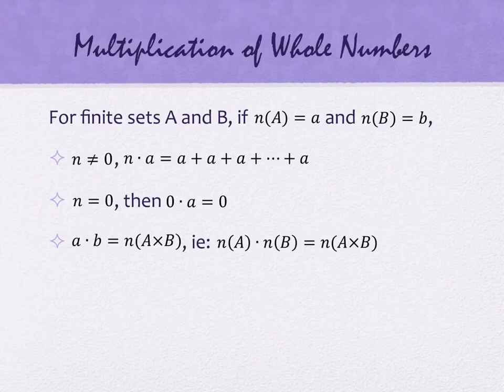All right, so to start with, just sort of a definition of what we mean by multiplication. For finite sets A and B, if the number of items in set A is A, the number of items in set B is B, and as long as n is not 0, then n times A is all these A's added together n times.